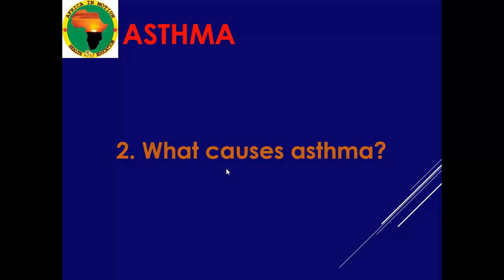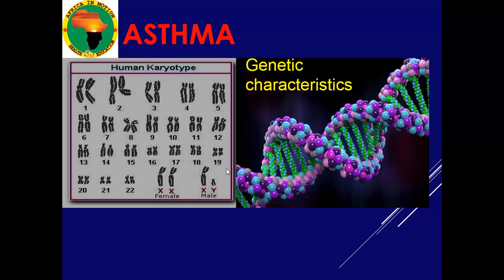The causes and risk factors: if a family member or a parent has asthma, it is more likely that he or she will give it to the child. That is a genetic characteristic.